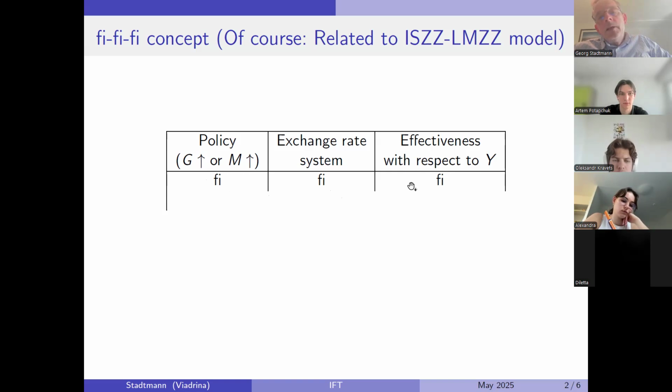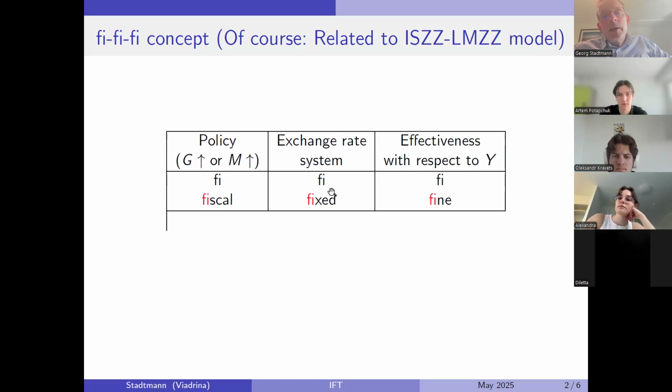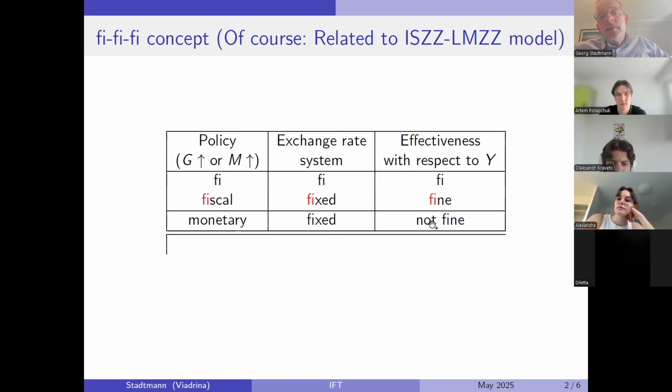Okay, definitely we can remember FIFI: fiscal policy in a fixed exchange rate system is fine. And when we are able to remember that, then the other policy is not fine. So a monetary policy in a fixed exchange rate system does not increase GDP.